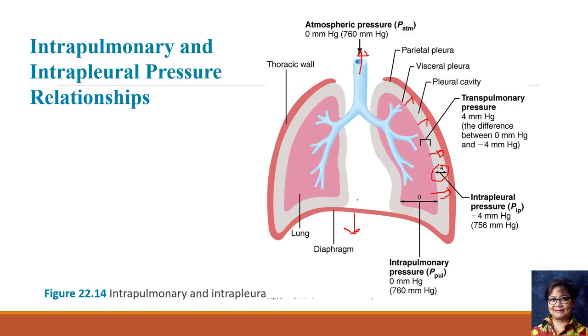And when the volume inside the thoracic cavity is high, the pressure is low. They are inversely proportional. The pressure now is going to be lower than the 760 millimeters of mercury outside, and therefore the tendency of the air will be to get in.